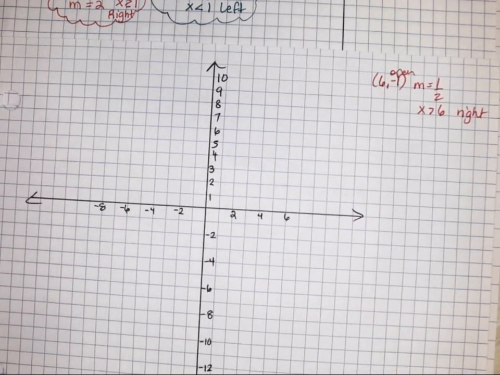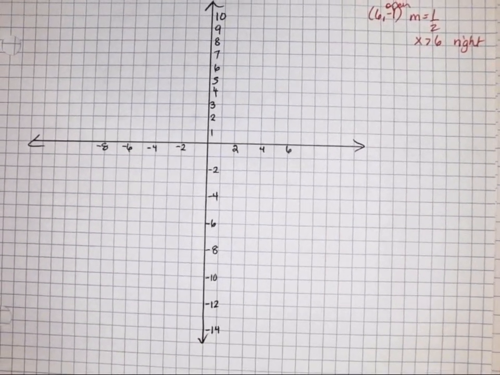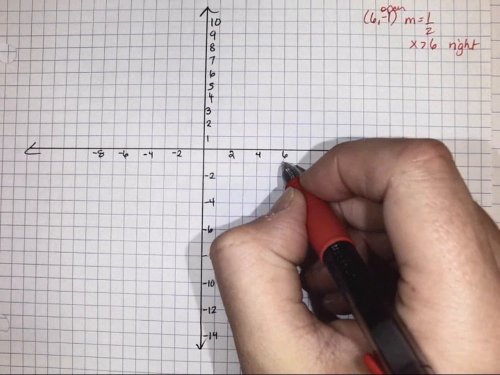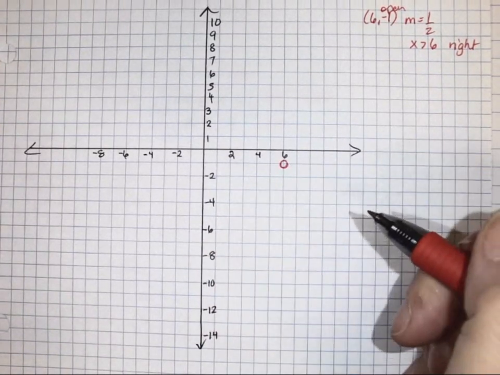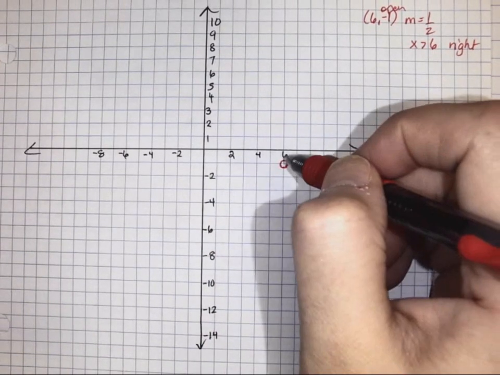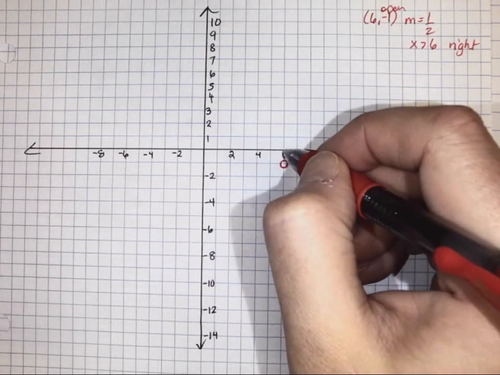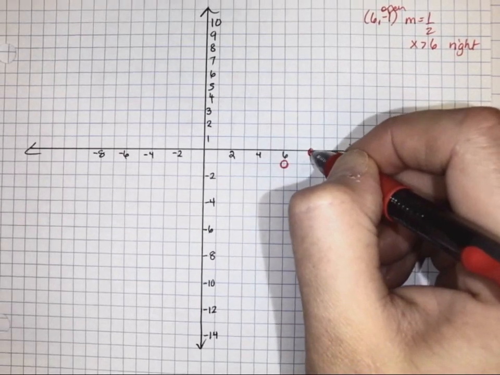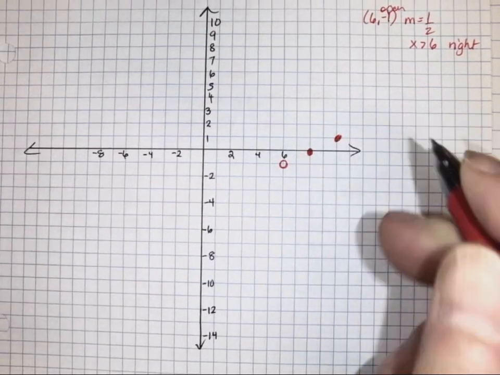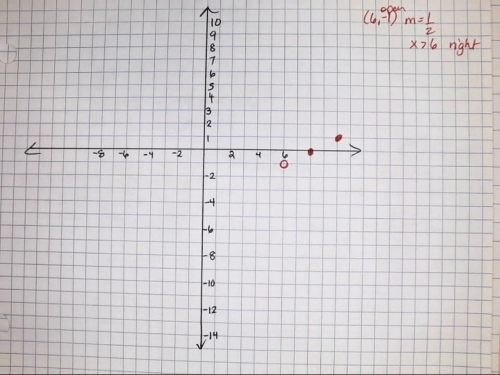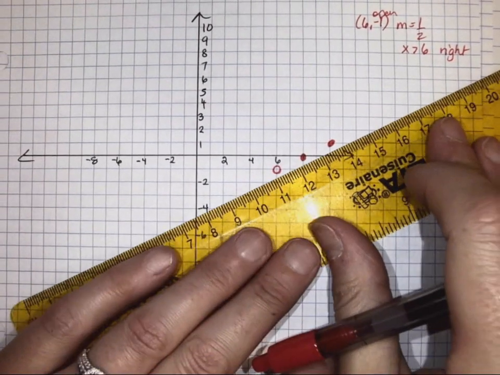So 6, negative 1, open hole. And I only want to see the right side, so I'm going to use my slope of 1/2, go up 1 to the right 2, up 1 to the right 2. And your graph will keep doing that in that direction.